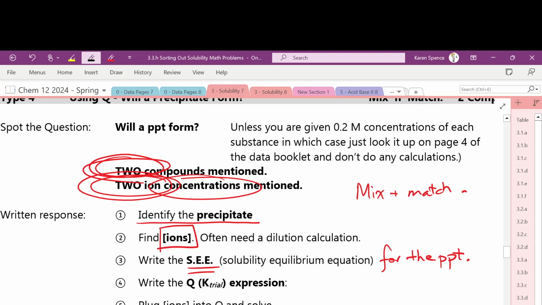Now, when it says identify the precipitate, that would be the solid product in a double replacement reaction.